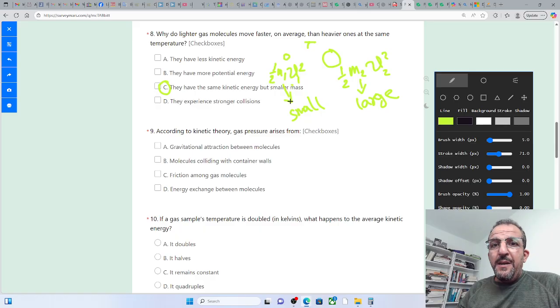In number 9, according to kinetic theory, gas pressure arises from... This is a question that helps you to understand the origin of pressure, guys.